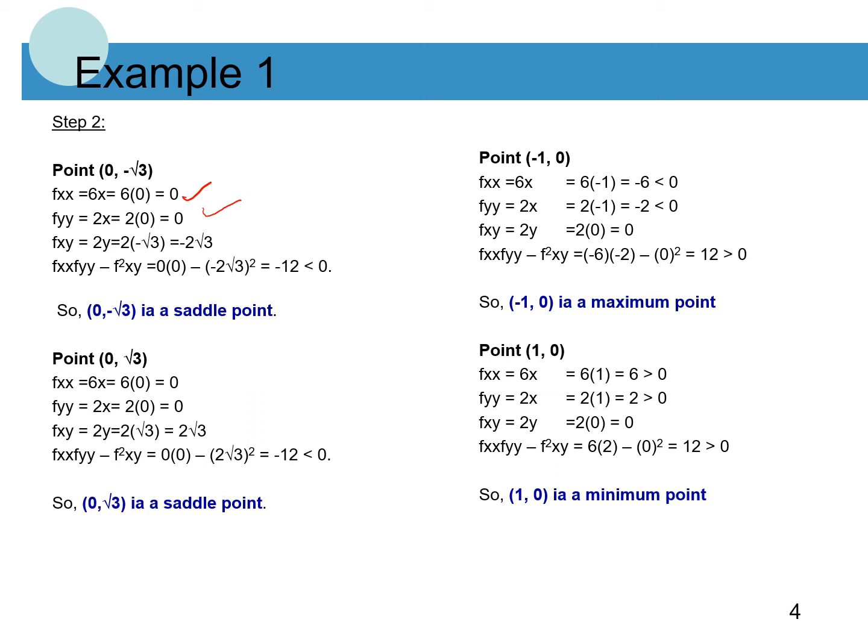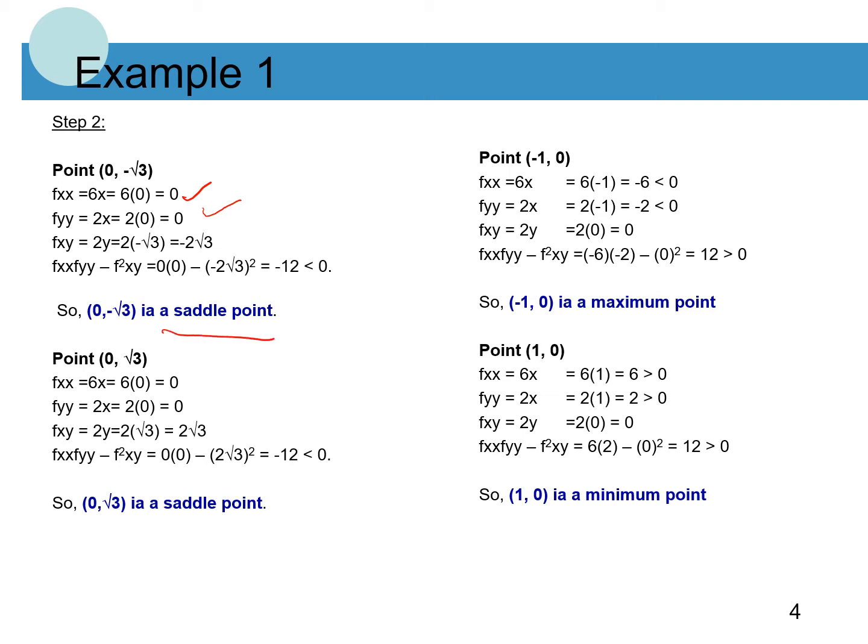Therefore, it is equal to 0 times 0 minus (negative 2 square root 3) squared, that is equal to negative 12, that is less than 0. Because fxx and fyy equal 0, fxx fyy minus (fxy) squared is negative 12, that is less than 0. Then automatically we know that at this point it is a saddle point.